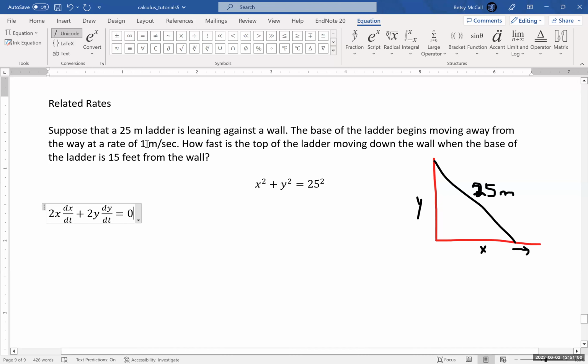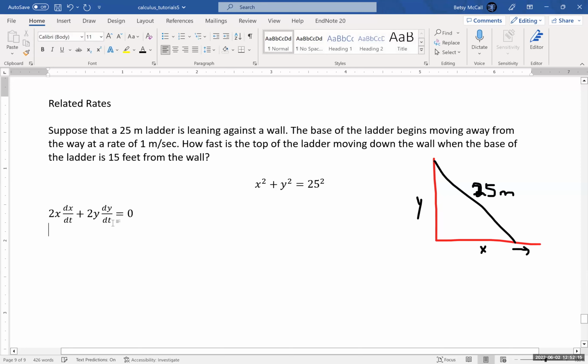And then we're given this dx/dt. We're given this rate at which the ladder is moving away from the wall. What we want to find out is how fast the top of the ladder is moving down the wall. So dy/dt is going to be moving in this direction. And so that's the value that we're looking for. So we're going to solve this equation for dy/dt.